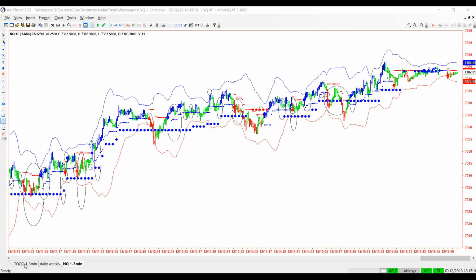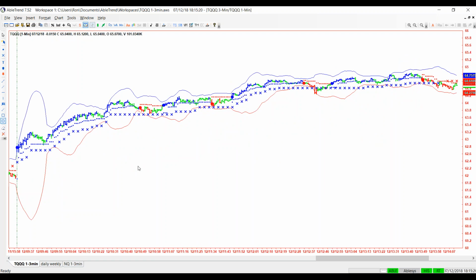So now, the TQQQ is for those who don't trade futures. Nothing wrong with that. Who don't have a futures account or don't want to day trade futures. If you just day trade equities or stocks or indices, TQQQ might be a good one because it's very similar to the NQ, which is in the futures market.